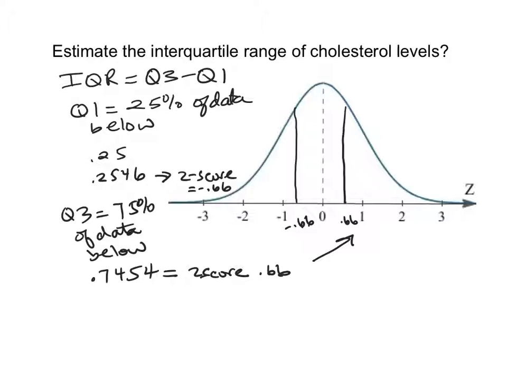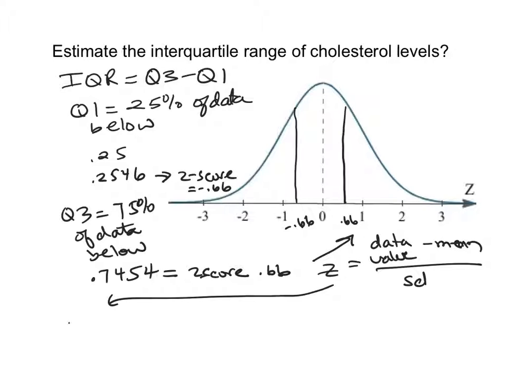Now what I need to do is convert these two Z-scores to actual data values. I'm using the formula data value minus the mean divided by the standard deviation equals my Z-score, and I'm going to work it backwards. So I have negative 0.66 equals my data value, which is unknown, that's my X, minus my mean, and my mean is still 182, divided by my standard deviation.